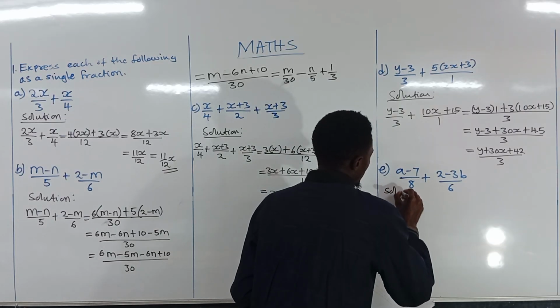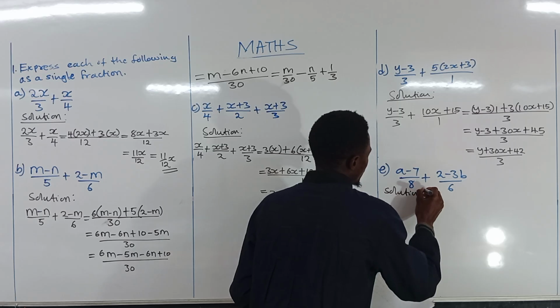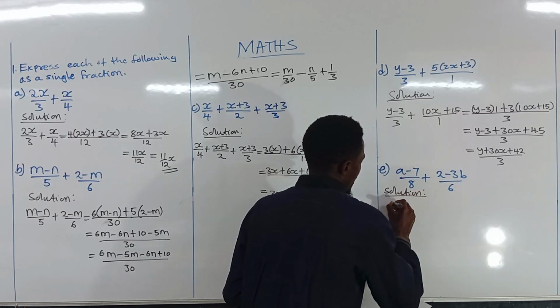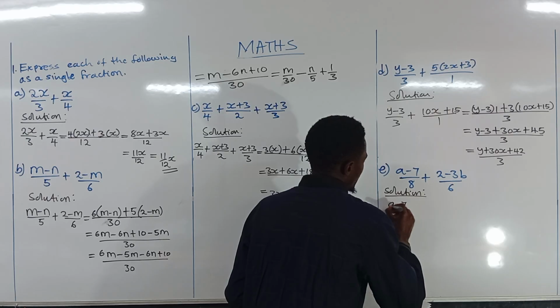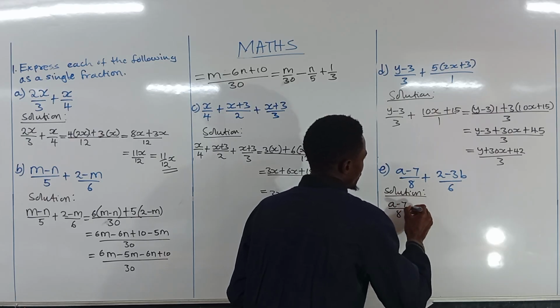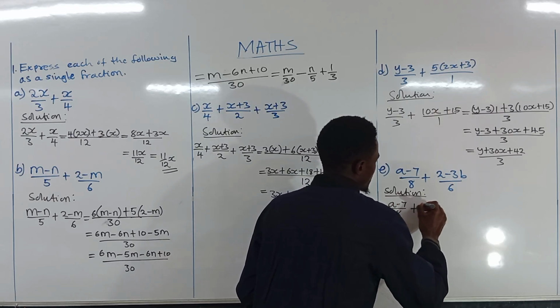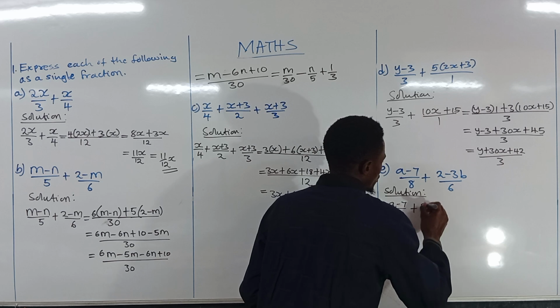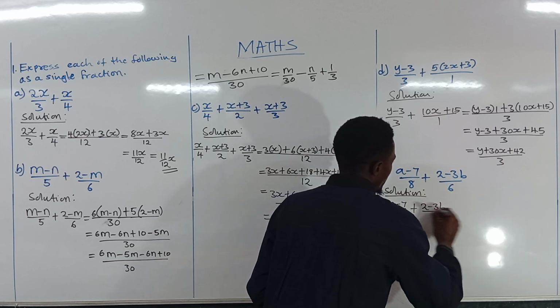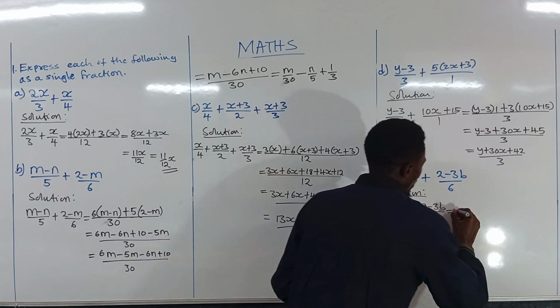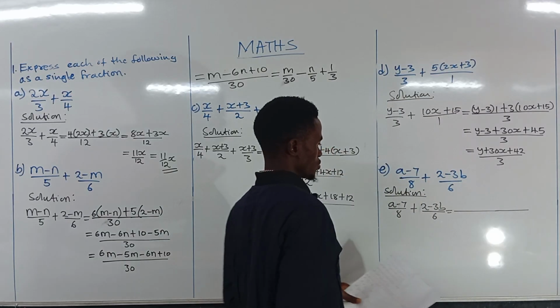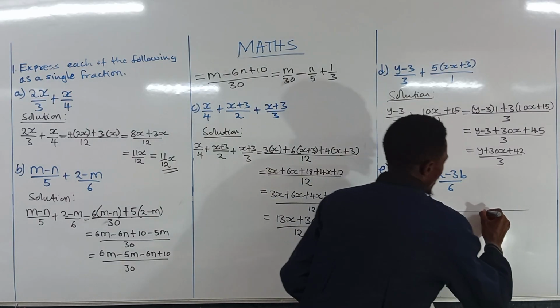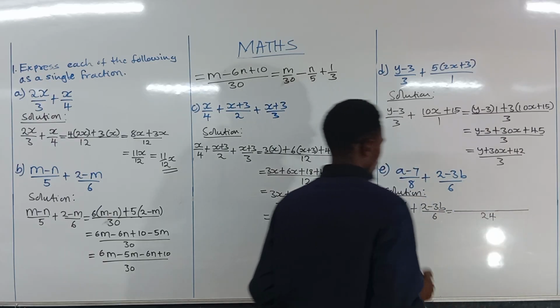So our solution is m minus 7 out of 8 plus 2 minus 3b out of 6. So the common LCM here of 8 and 6 is 24. So we have our common denominator, which is 24.